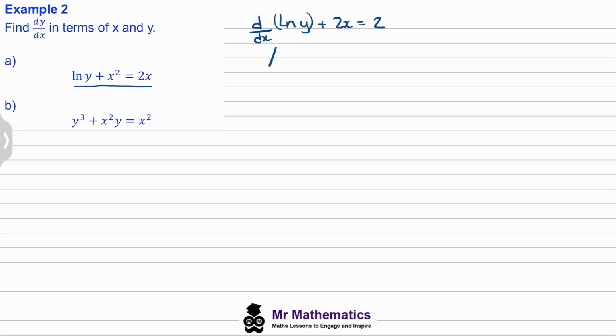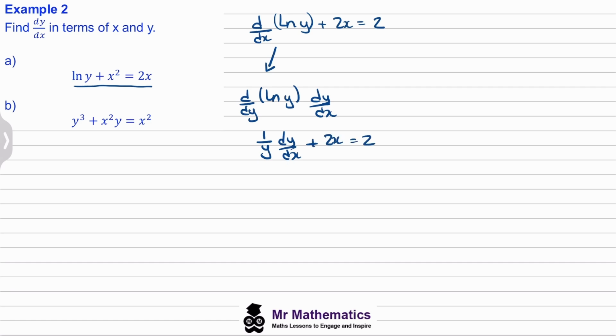And to work out the derivative with respect to x of the natural log of y, we differentiate it with respect to y, and then we multiply it by dy by dx. So the derivative of the ln of y is 1 over y multiplied by dy by dx. And then we'll add the 2x, and this will equal 2.